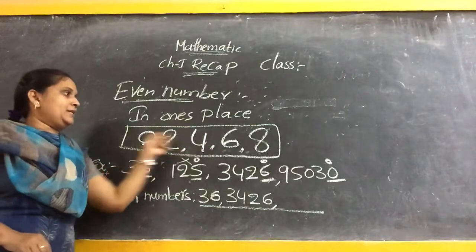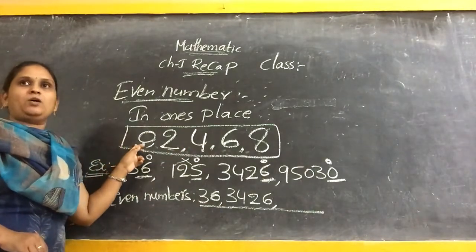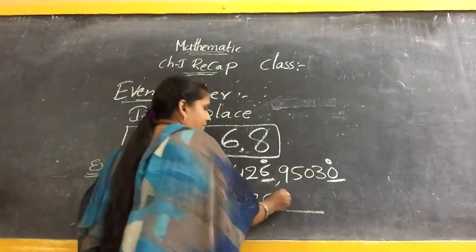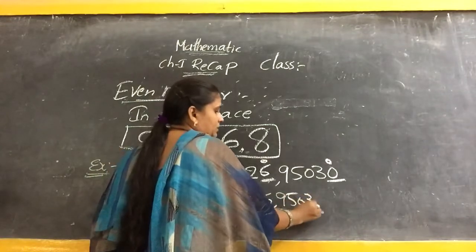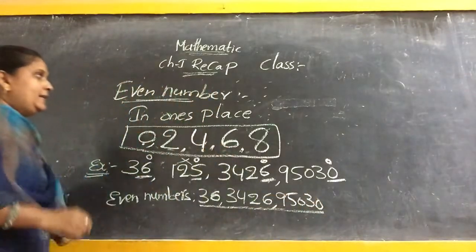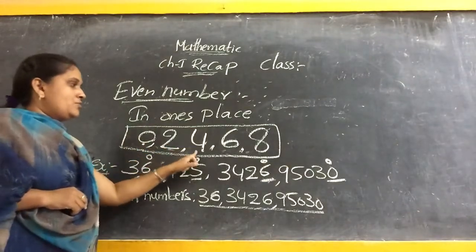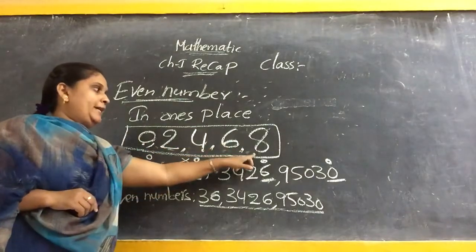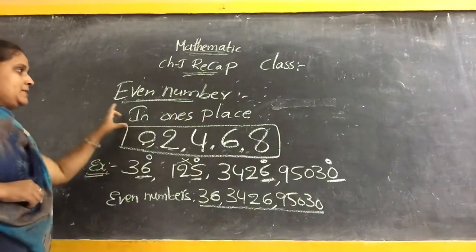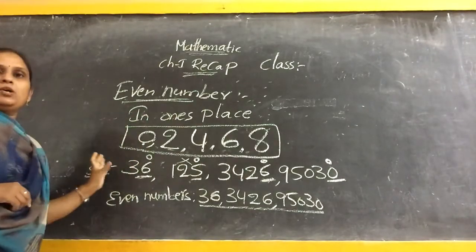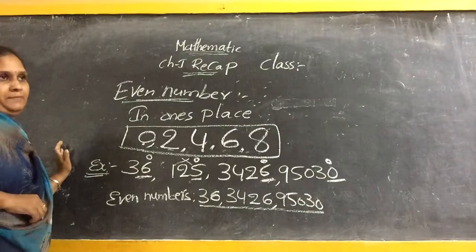Is 0 in this list? Yes. So write that number also, 95030. Like that, if in ones place 0, 2, 4, 6 or 8 are there, those numbers will be called even numbers.